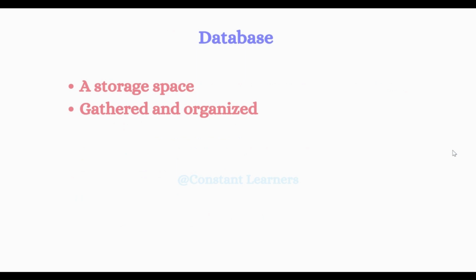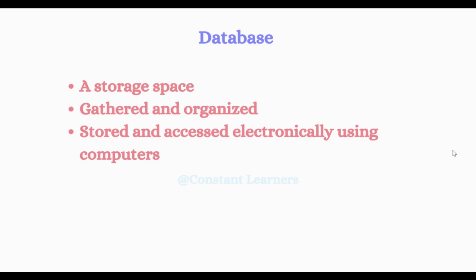A database is a collection of information that can be stored and accessed electronically using computers. We know that we use queries and DBMS to communicate with the database, right? Now that we have a clear understanding of what a database is, let's explore the key aspects of database design.